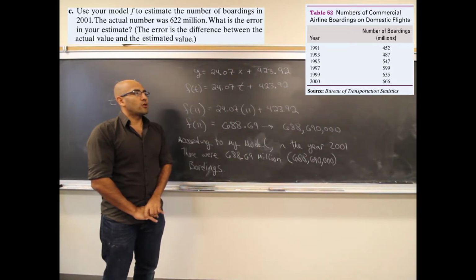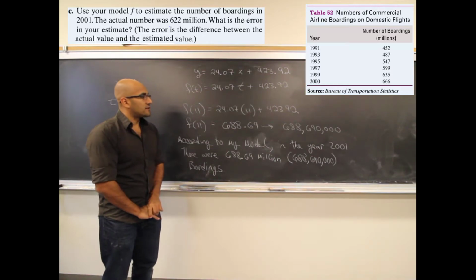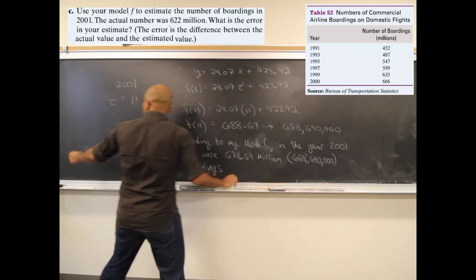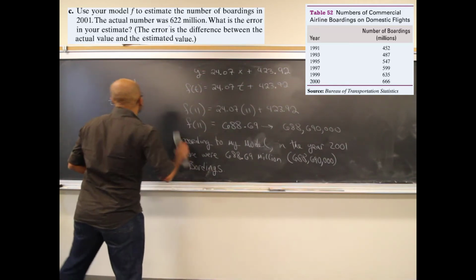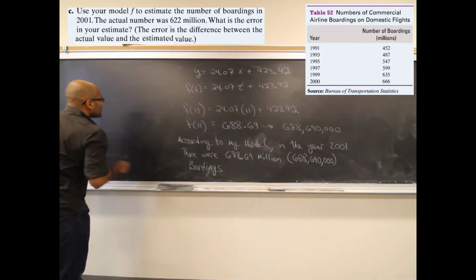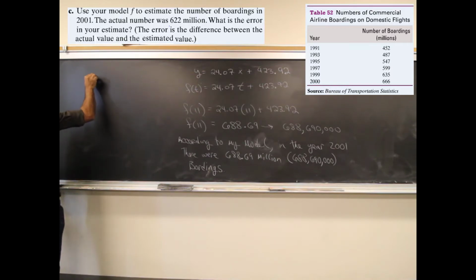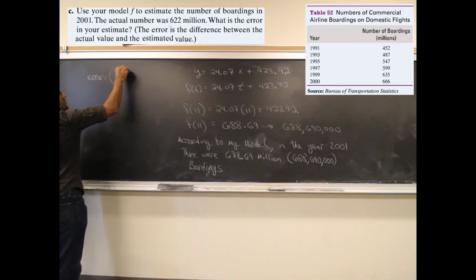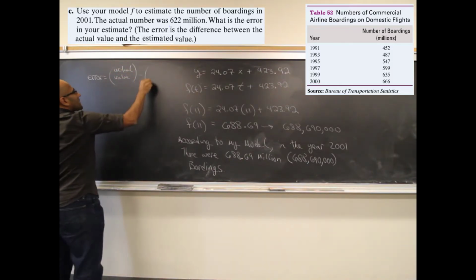Actual minus estimated is what we want to do for residuals. So error is the actual value, the real value, minus our estimated value.